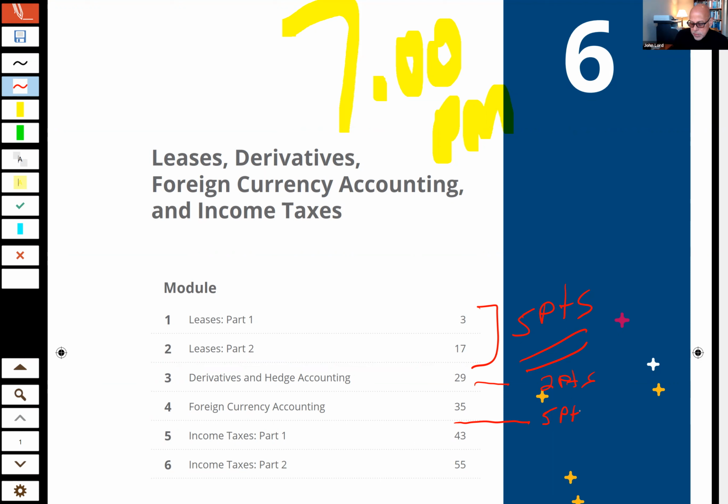That in and of itself is a 5-point area. However, I have had dreams about things that could appear on the exam in which they ask you to do a consolidation, 10 points on the exam, and they ask you to consolidate a foreign entity into a US company.